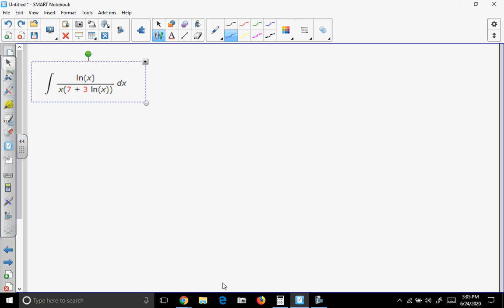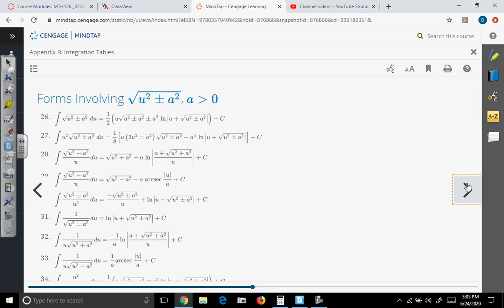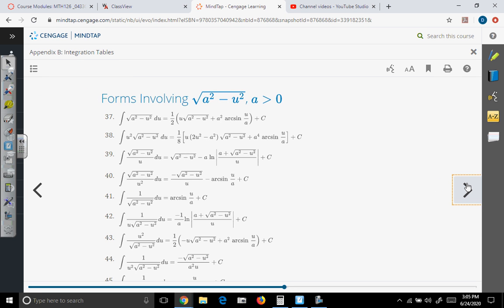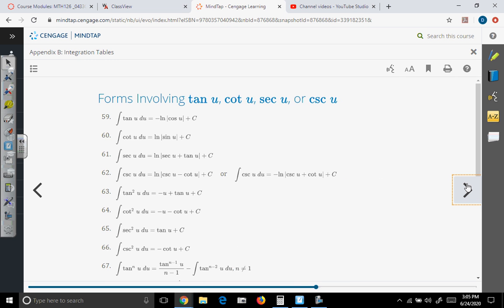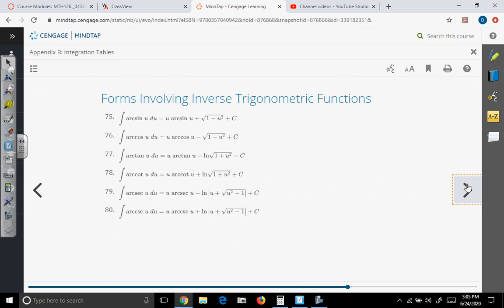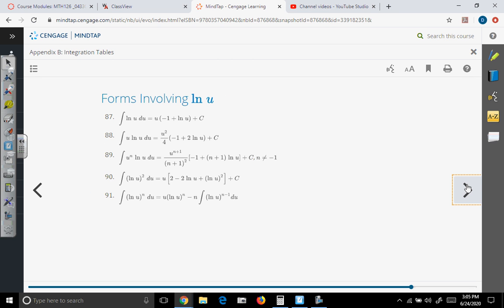All right, let's take a look at this one. If we try to look at ones that have natural log in them, I suspect we're not going to find one that fits this formula. There's one that has e to the u's.